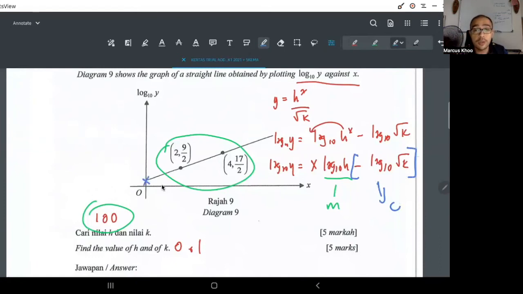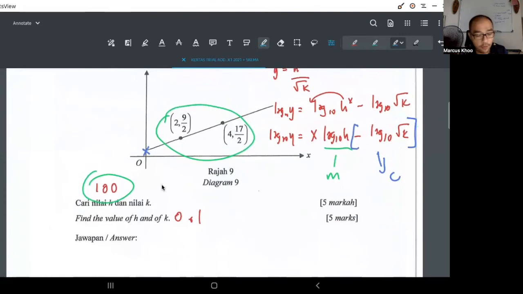So there are a few ways of doing this. Obviously, you don't know what this value is, right? So what you can do is substitute the values of x and log 10 y. For example, if I use this, 17 over 2, which is log 10 y, equals 4, which is x, and then log 10 h will be the value of the gradient, which I don't know now, minus log 10 root k.